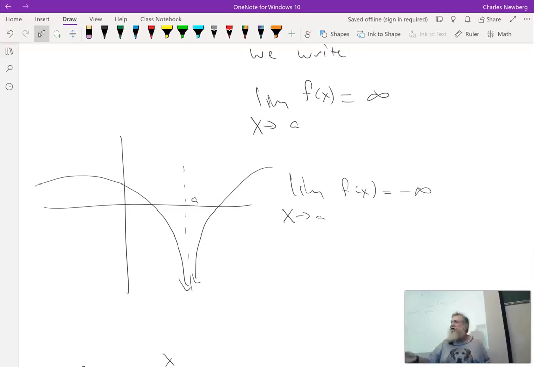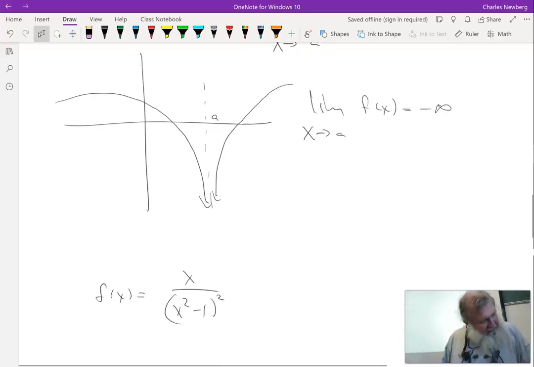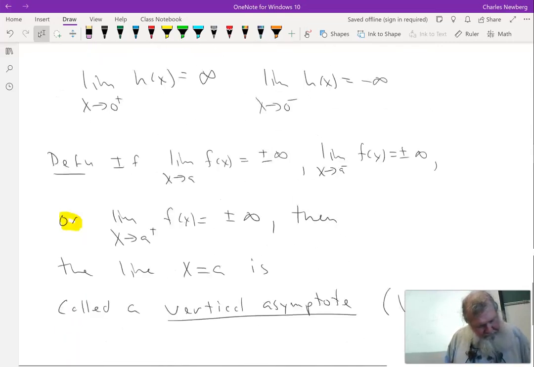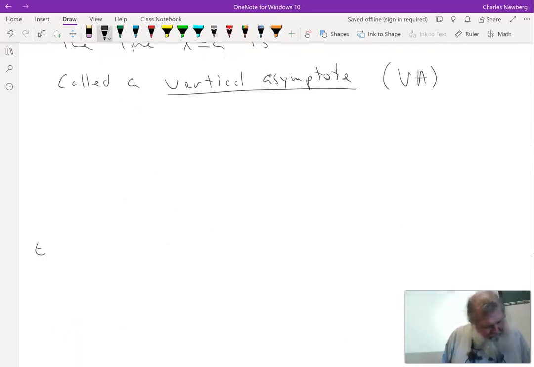So let's take an example now. Let's take g of x equals x plus 3 over x plus 2 squared times x minus 1.